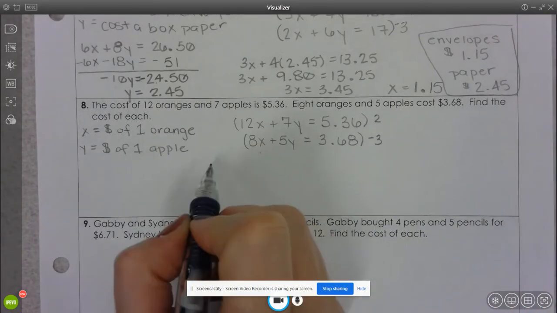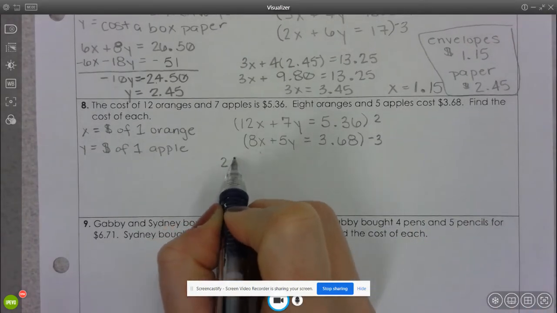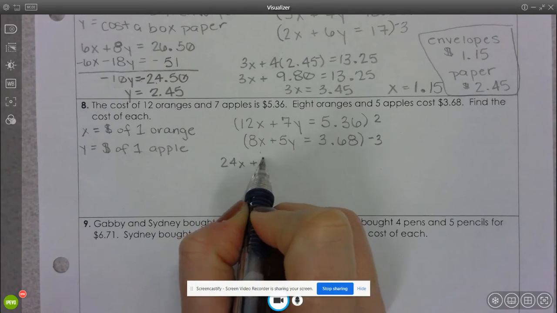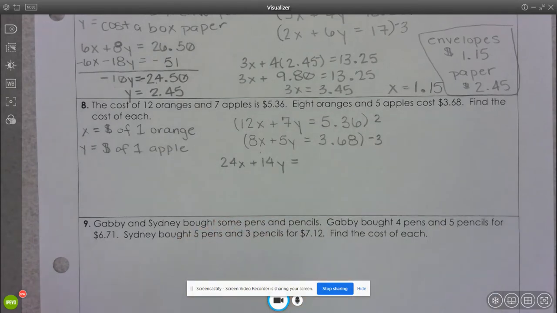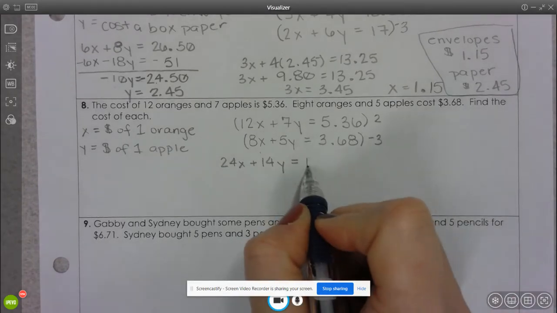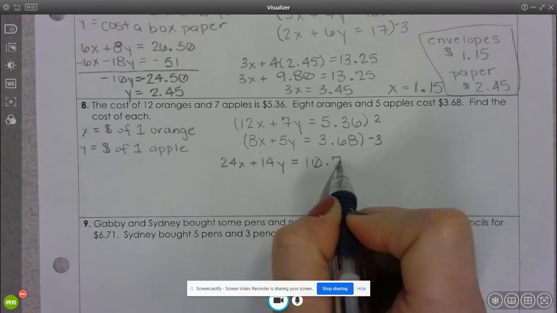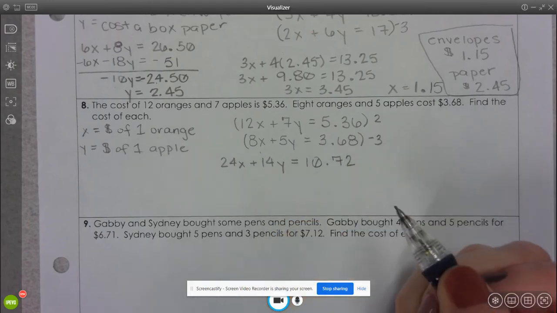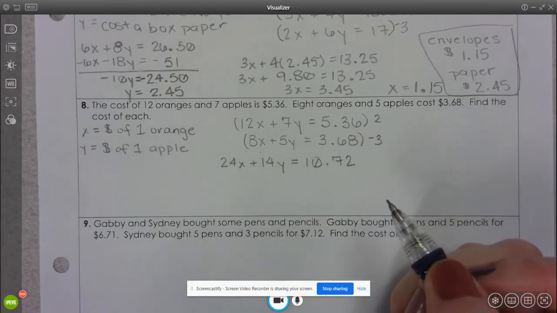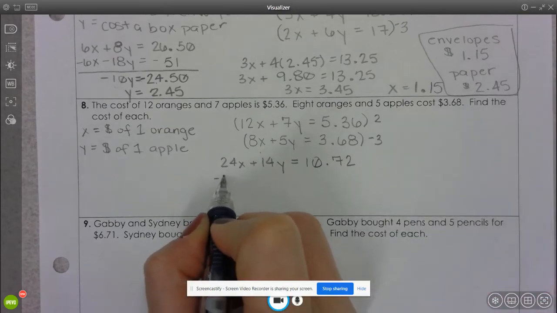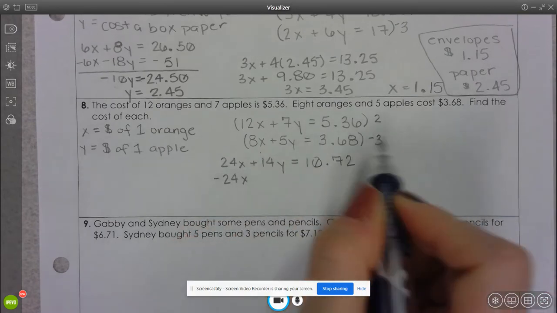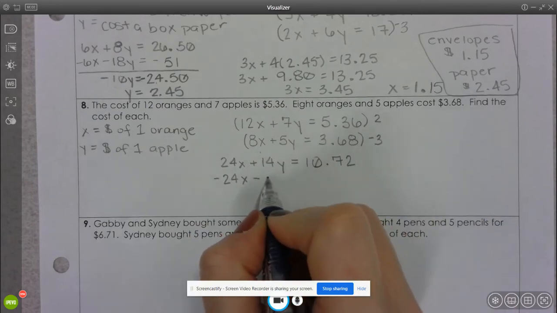So 2 times 12 gives me 24x plus 14y. If I double 536, I get 1072. And again, remember, we're doing this without a calculator. Subtracting here, multiplying by a -3.